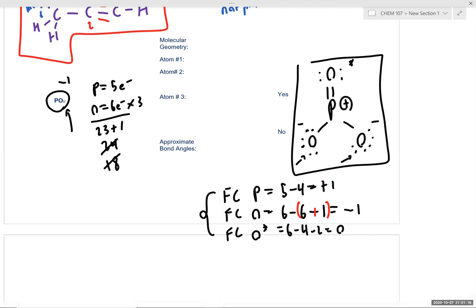Perfect. So looking at our geometry, if we have 3 bonded atoms, what would the geometry be around this phosphorus? What would the geometry be? So it has 3 bonded, and it's trigonal planar. Yep, exactly right. And as a result, this bond angle would be 120 degrees.